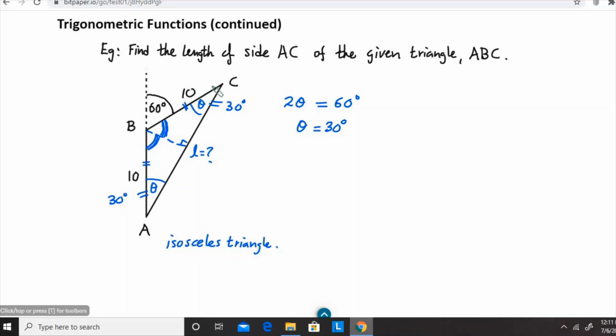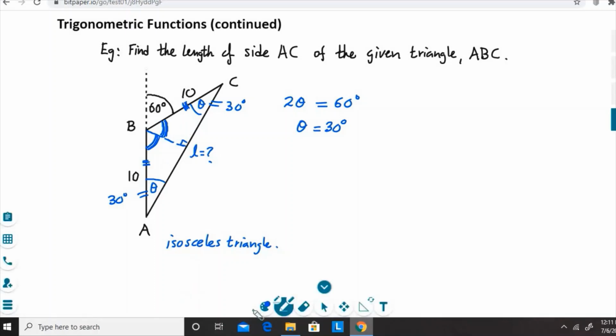The side BC is 10, and that's the same as the side AB, which is also 10. We have the perpendicular line common to both of these triangles. As a result, this length AC is divided in half by this perpendicular line, and we have two congruent triangles.